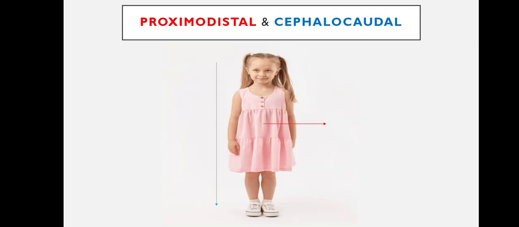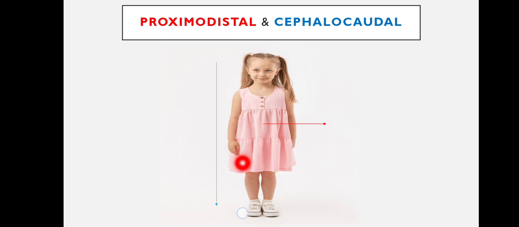We have the proximodistal pattern and the cephalocaudal pattern. So what's the cephalocaudal pattern? We are saying that growth starts first, as you can see the arrow here, with the head. It starts with the head and moves downwards, from upwards going downwards.